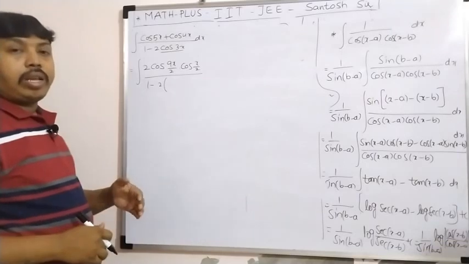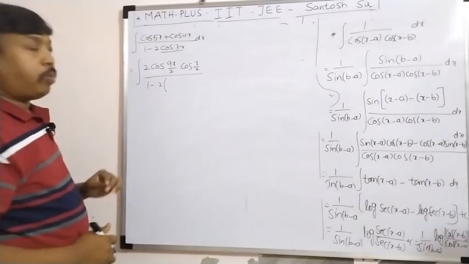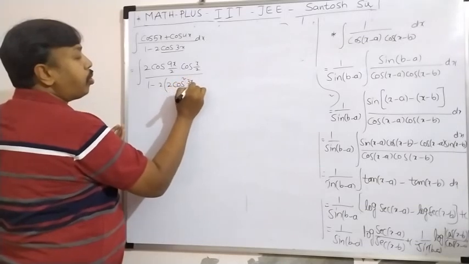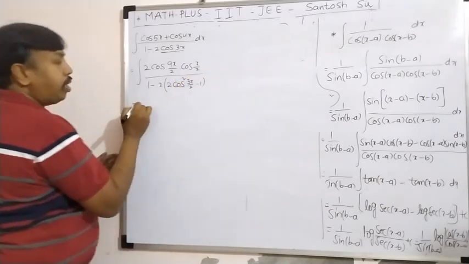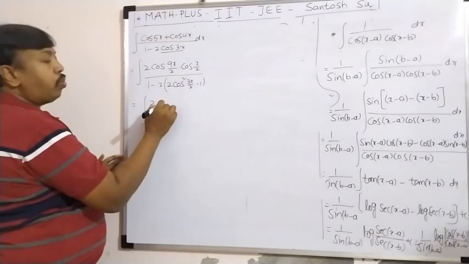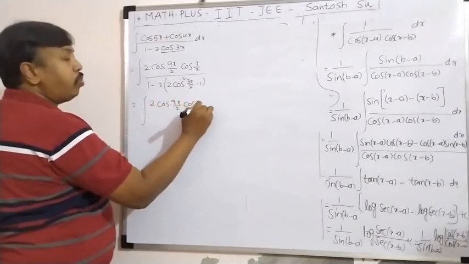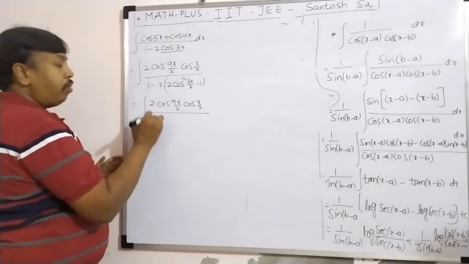Cos theta can be written as 2 cos square (theta by 2) minus 1, that is 2 cos square (3x by 2) minus 1. See here, integral of 2 cos 9x by 2 into cos x by 2 upon 1 minus (2 cos square 3x by 2 minus 1).